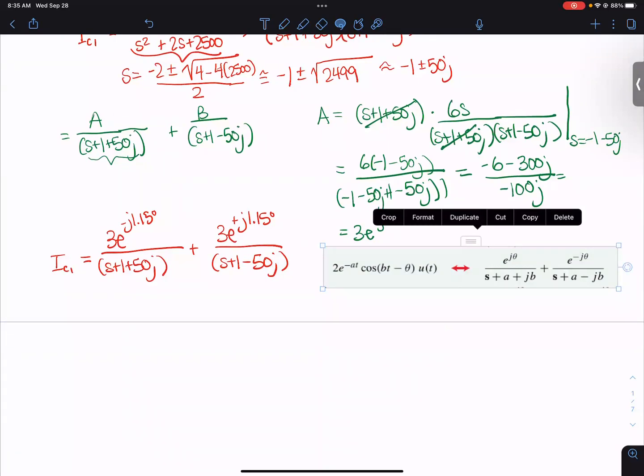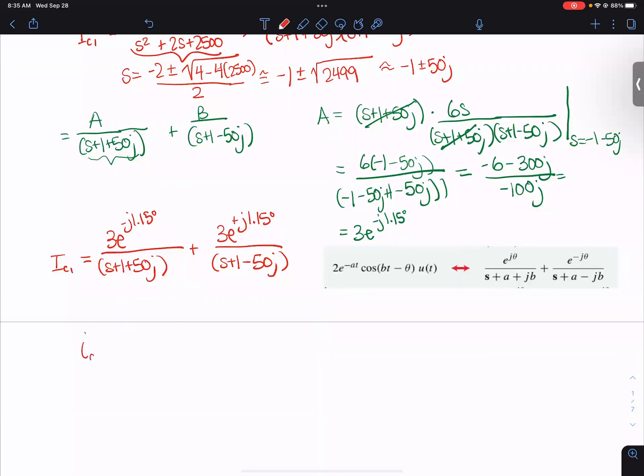So what's the differences here? Your positive j term should be the j theta.